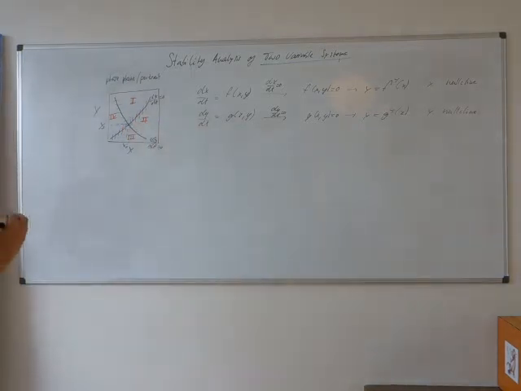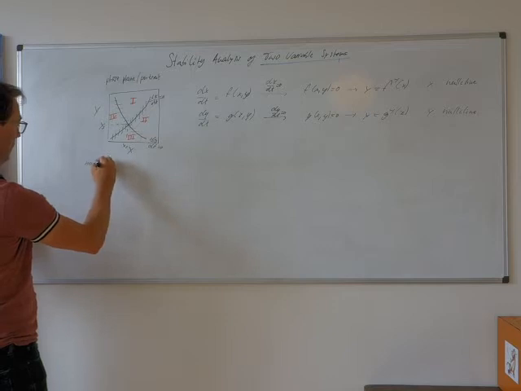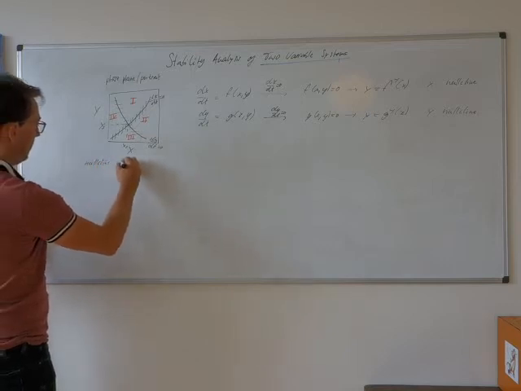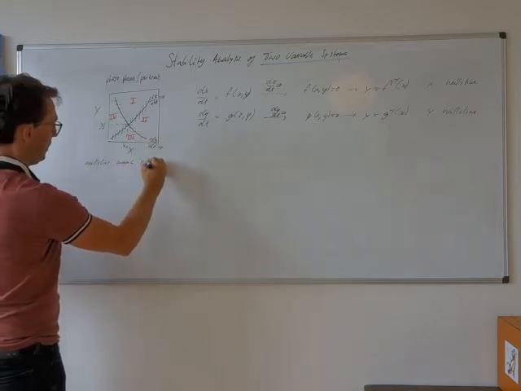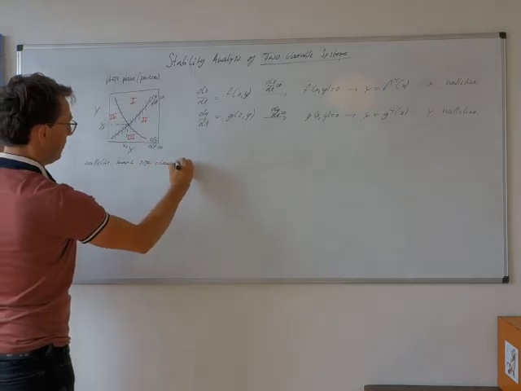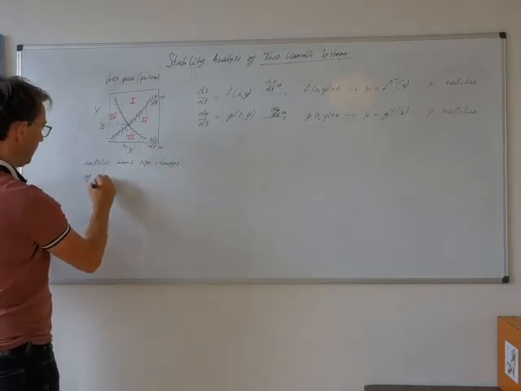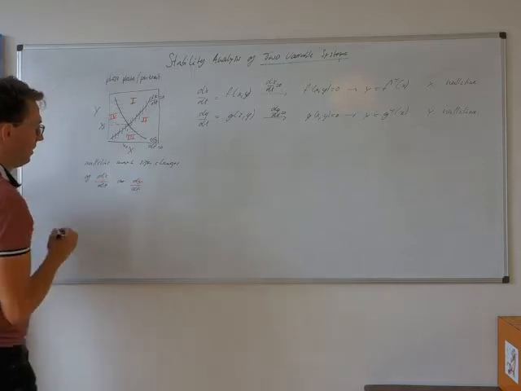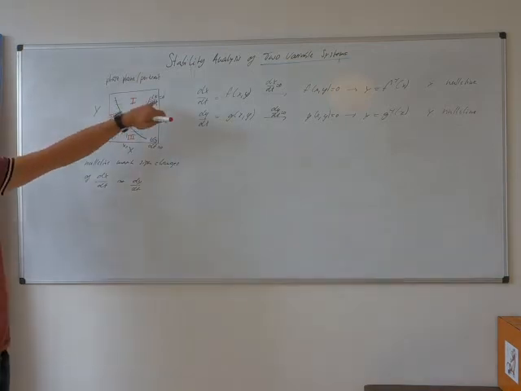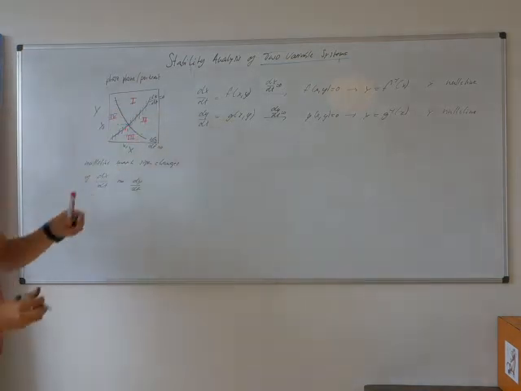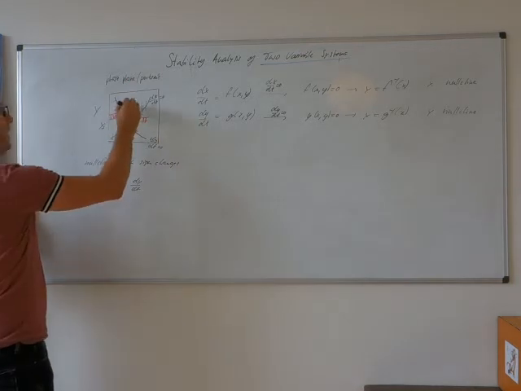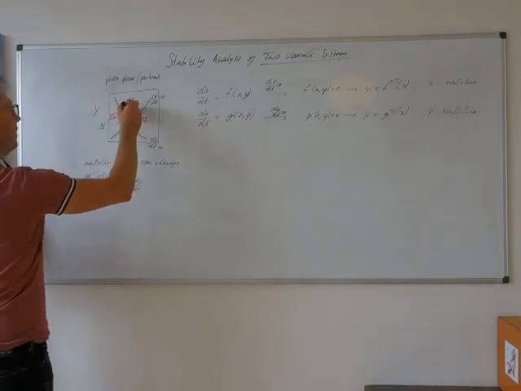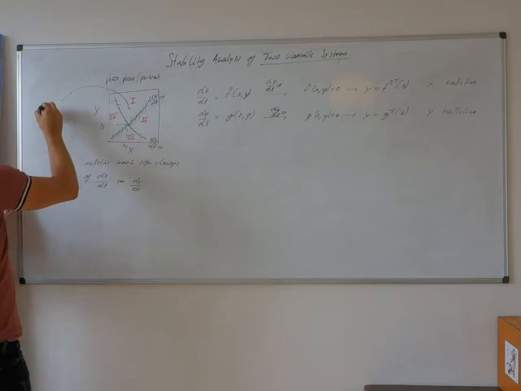Now the null lines mark sign changes of the dx/dt or dy/dt. Okay? So the null line for x marks a sign change in the dx/dt. So if we take a point here, okay, look at that point, and just ask what is the dx/dt and what is the dy/dt at that point.